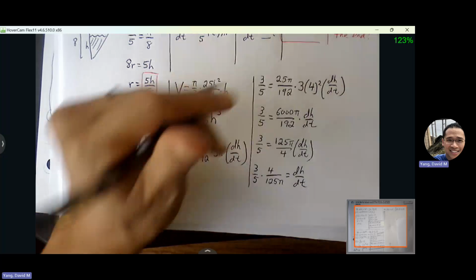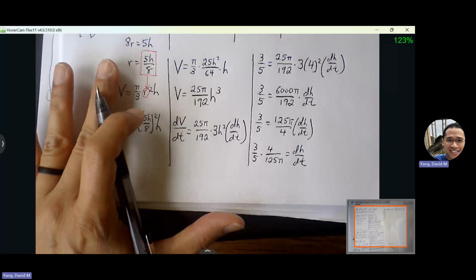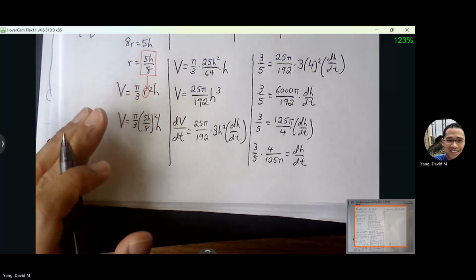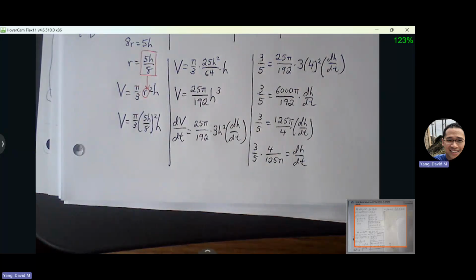Careful that your pi is going to end up in the denominator. So when everything is said and done, make sure your pi is still in the denominator.